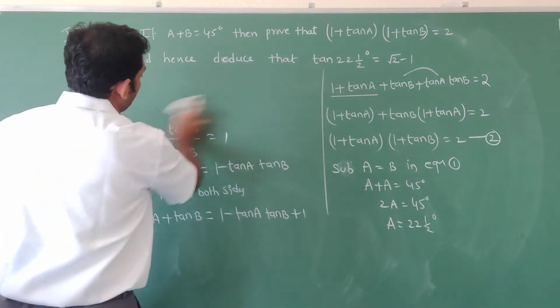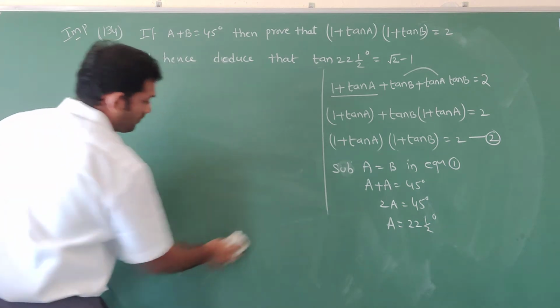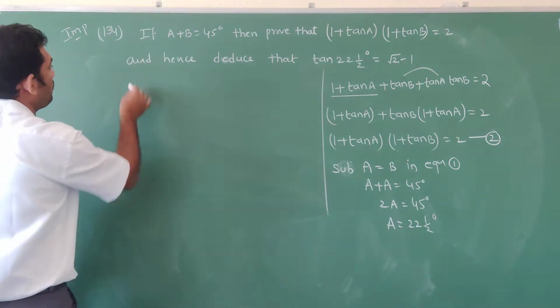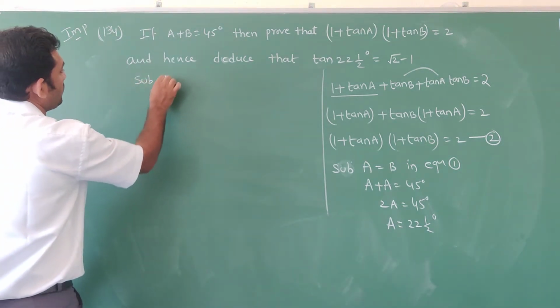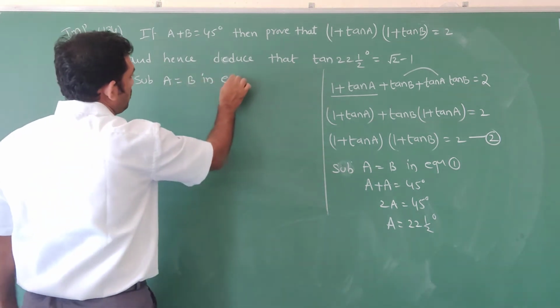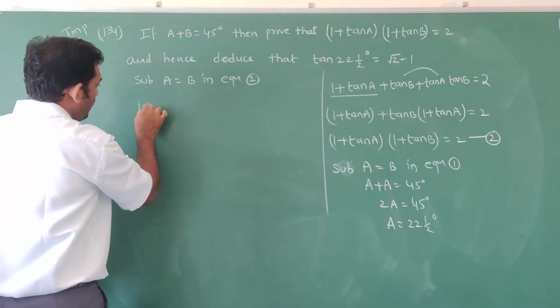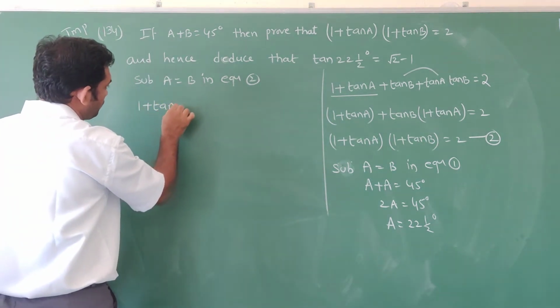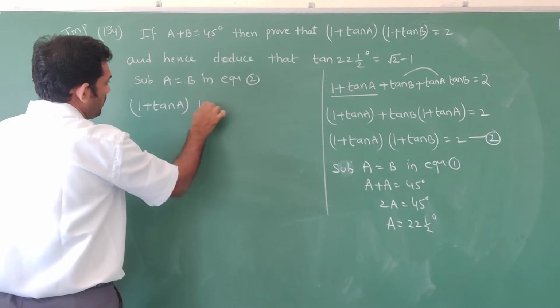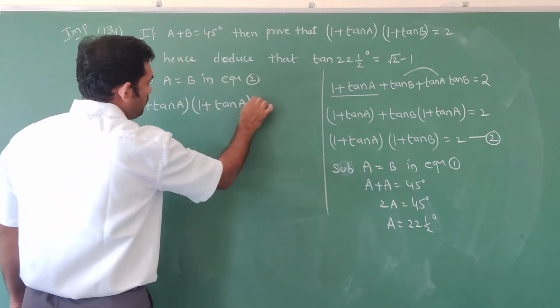So substitute A equal to B in equation number 2. What happens? That is 1 plus tan A into 1 plus tan A is equal to 2.